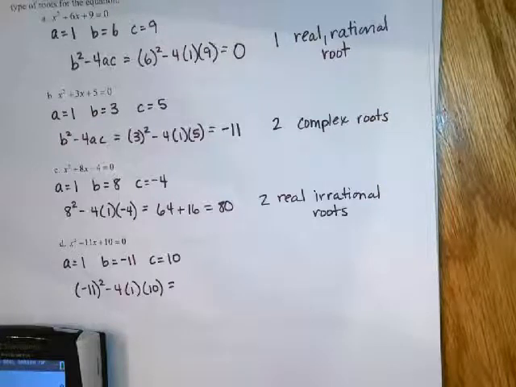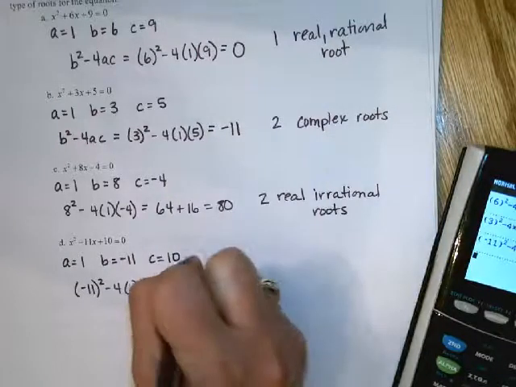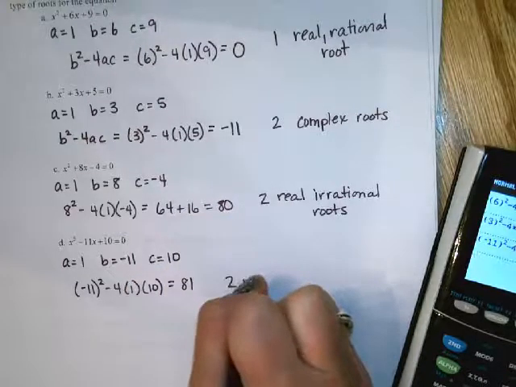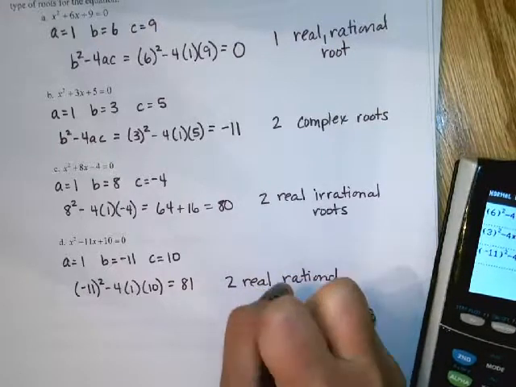Be careful with this one when you put it in your calculator because that 11 is negative. So you should get 81. So he's positive and a perfect square, so I have 2 real rational roots.